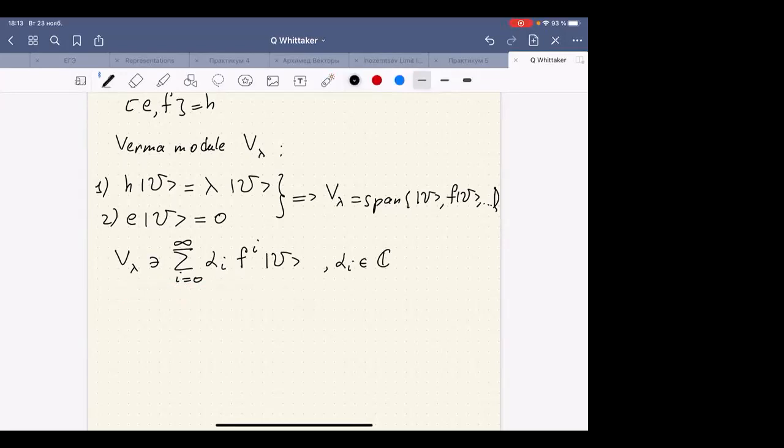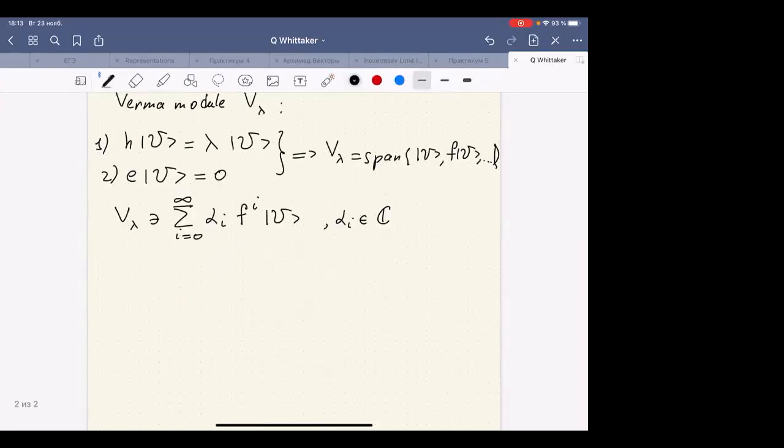Now I want to find such a vector, which is called a Whittaker vector, which I define by the following equation.